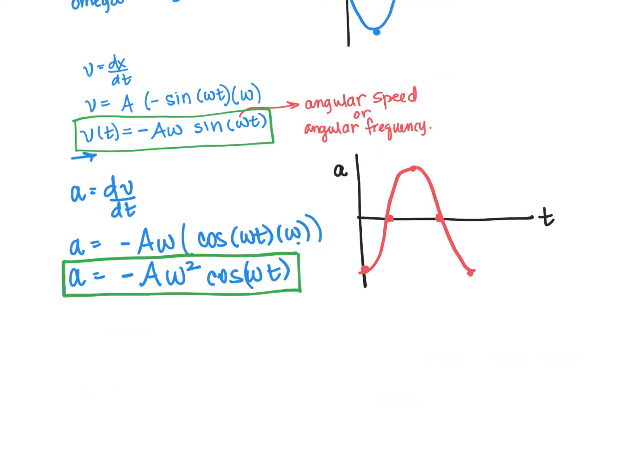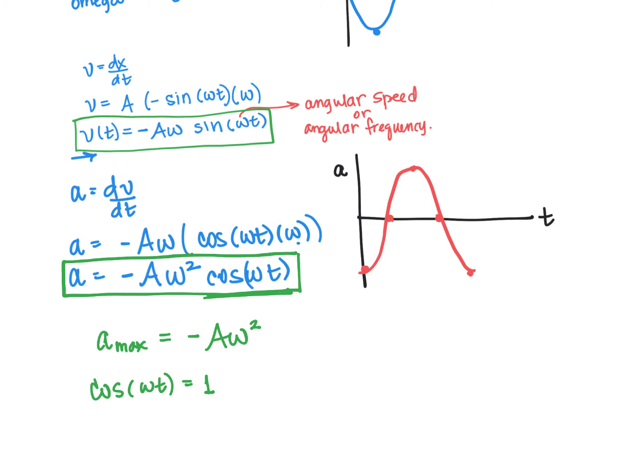So I've done this so we can evaluate what the maximum acceleration would be. The maximum acceleration would occur when the cosine of omega t is the largest it can ever be, which is 1. The cosine of any angle has a maximum of 1. So if the cosine of omega t is 1, then our maximum acceleration would be negative A omega squared.